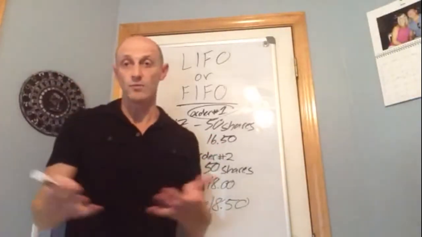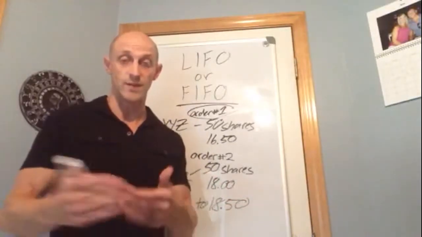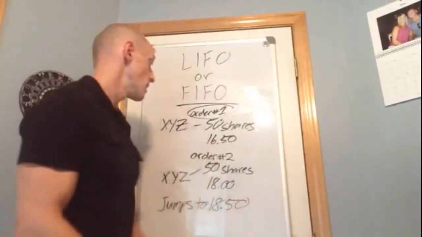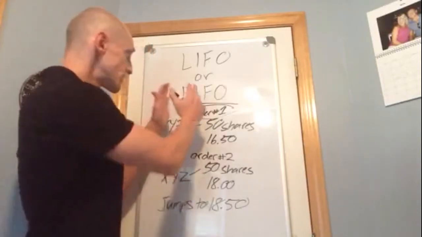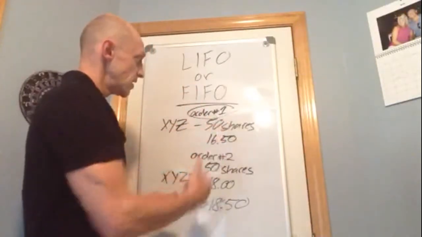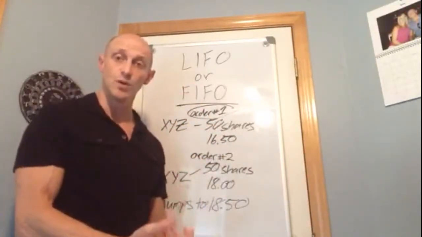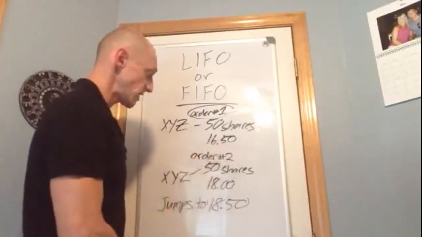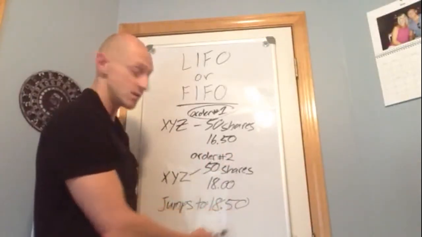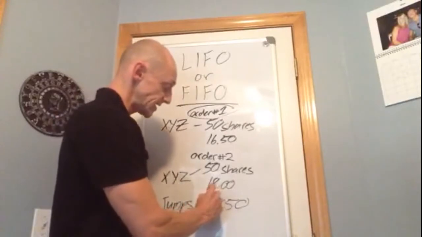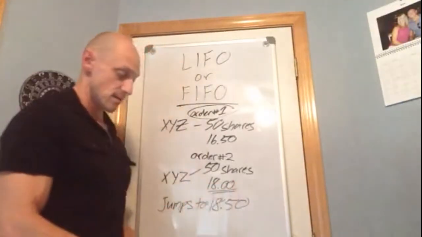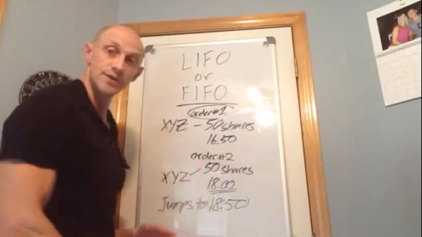That would have given you a pretty good return, depending on how much money you put into it. But that's first in, first out. And of course, if you wanted to sell order number two, you can most certainly do that, and you would have taken a 50-cent profit because you bought in at $18 right here. That's first in, first out.